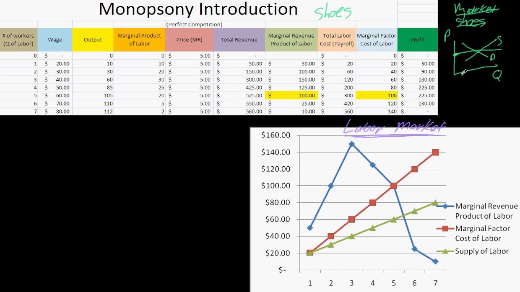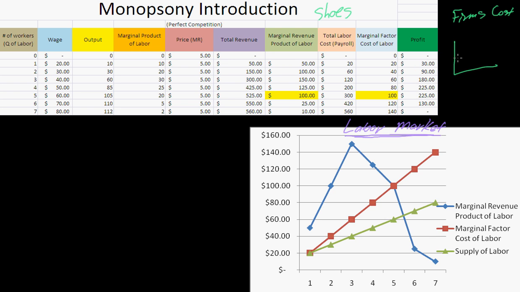Now let's draw the firm's cost curves. This will look exactly like perfect competition in the short run.